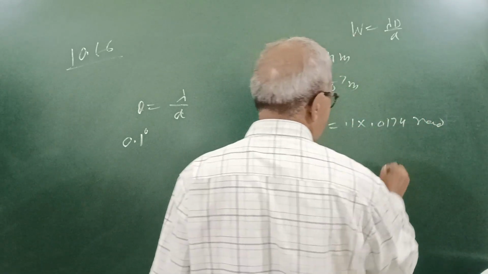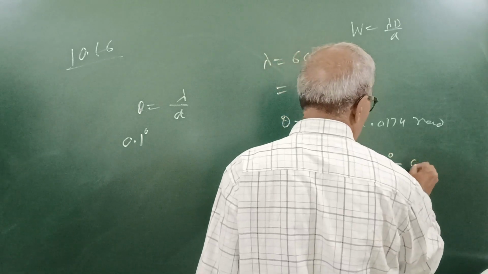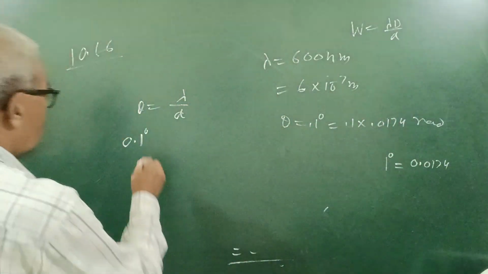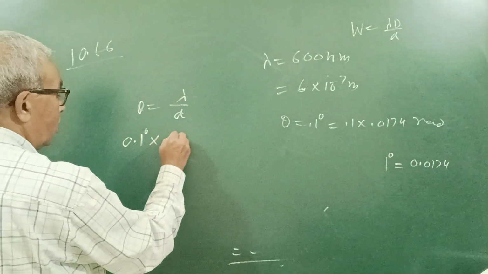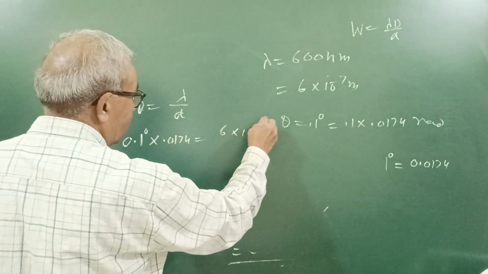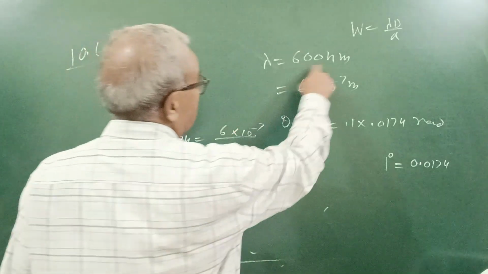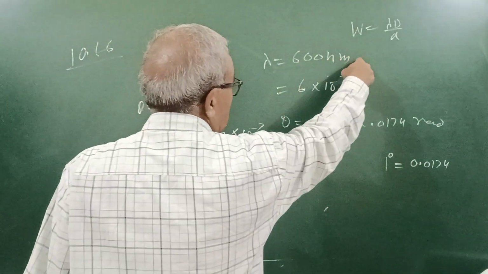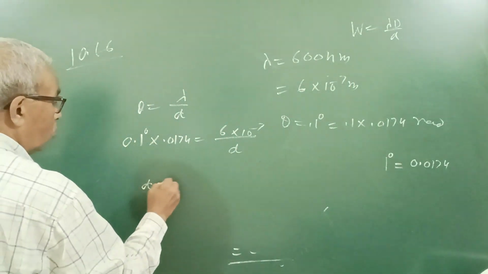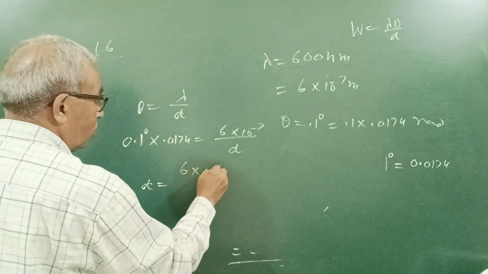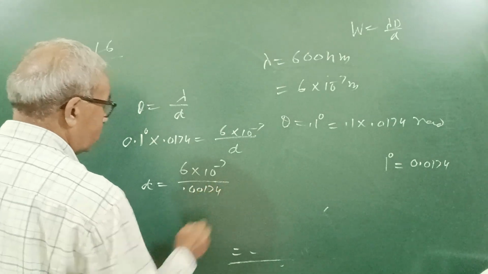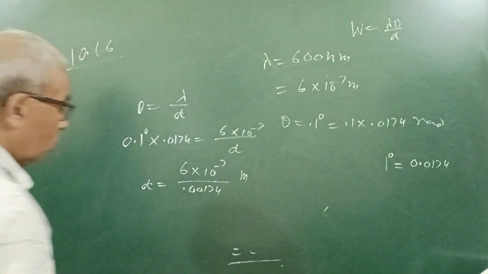I have told you one time that 1 degree is equal to 0.0174 radian. तो इसको आपने यहाँ पर रेडियन नहीं बनाना भूल जा और सारा गड़बड़ हो जा. 600 nanometer means 6 × 10⁻⁷ मीटर. तो ये lambda upon theta से d निकालना है. So d equal to 6 × 10⁻⁷ upon 0.0174 मीटर. तो हाउ मच इज दिस?